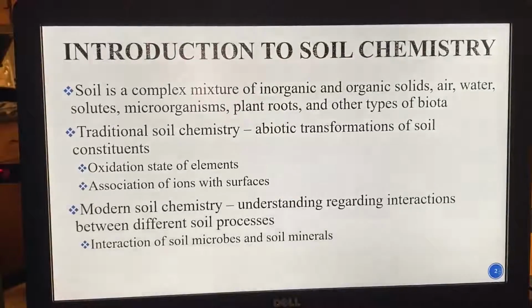And so today in modern soil chemistry, it's really about the interaction of both those abiotic and the biotic influences, because again, earthworms dig a channel that opens up more pore space for oxygen or water, and that is going to affect the oxidation state of those elements and the movement and diffusion in the soil solution.